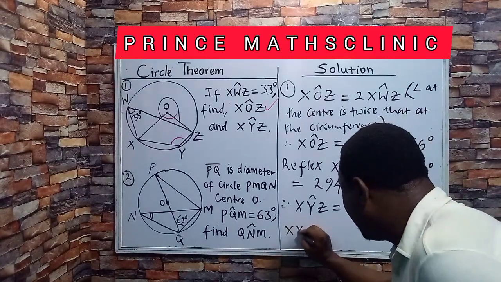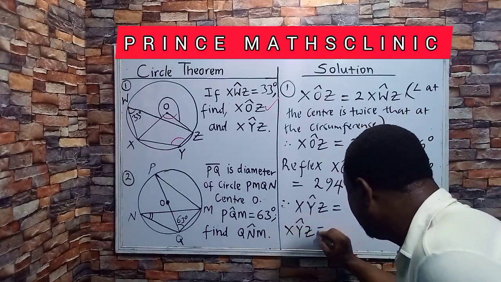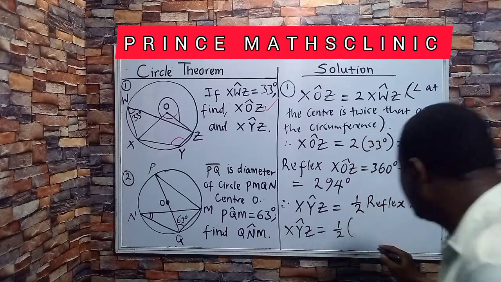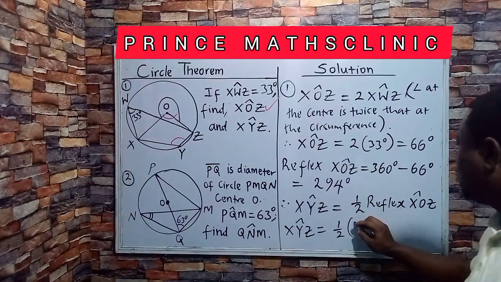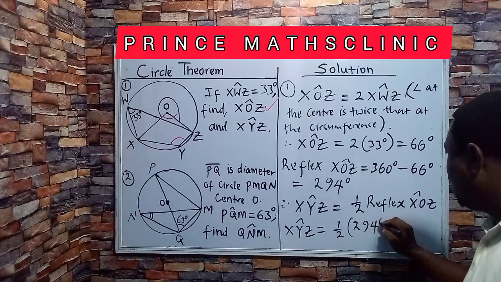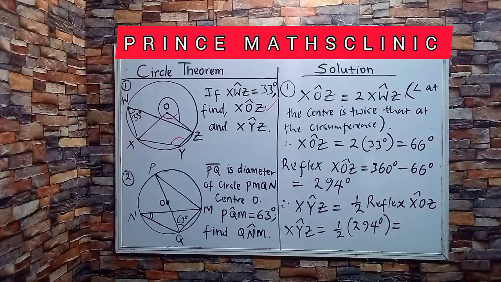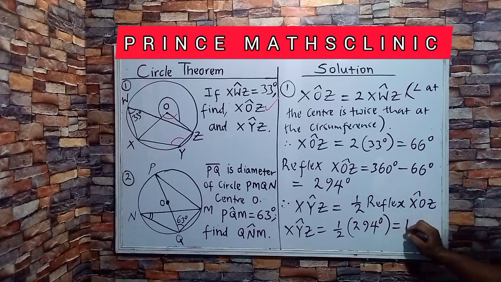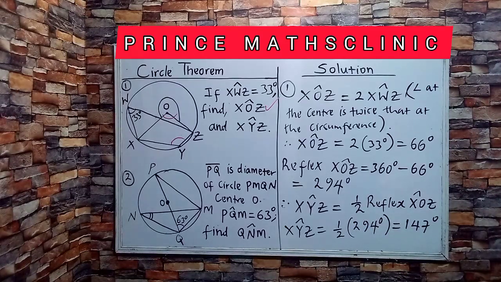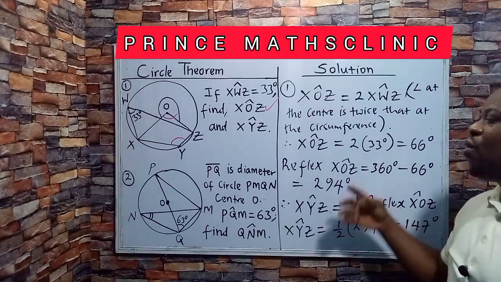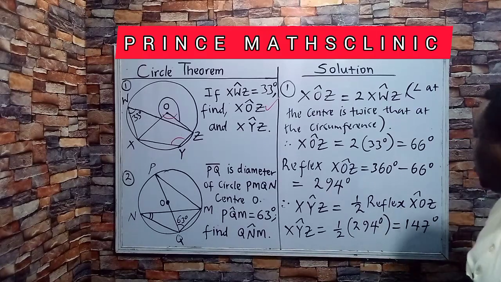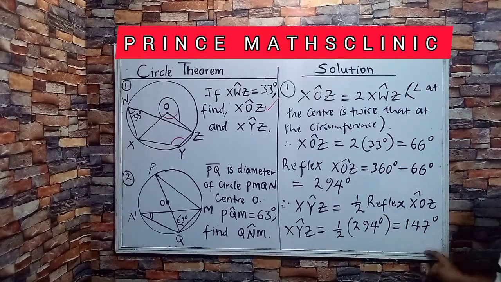So this means that my XYZ is half of our reflex, which is 294 degrees. Now, let's divide. This will give us 147 degrees. That is the solution to this particular question. Our answer is 147 degrees.